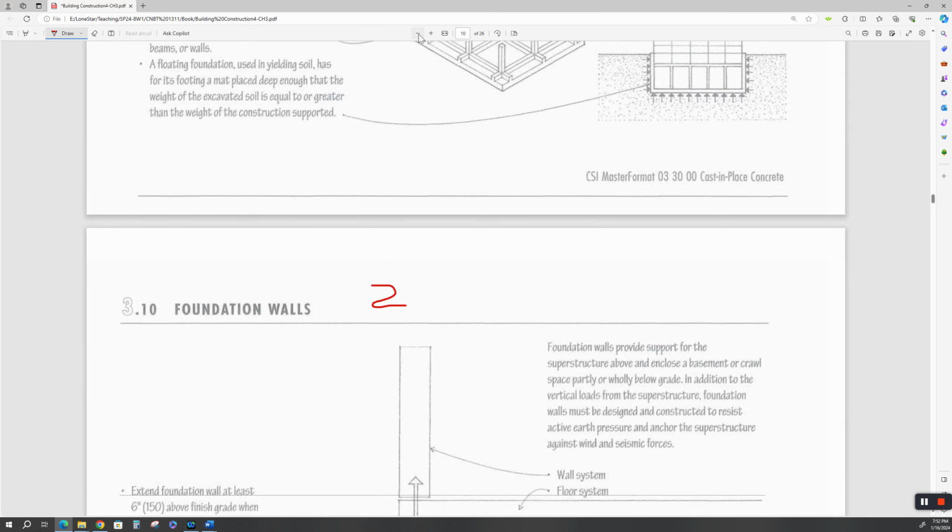We use this in wastewater treatment plants a lot. So if this needed to be an expansion joint that was cast again, then this would be the wall, the concrete wall, and this would be the slab.